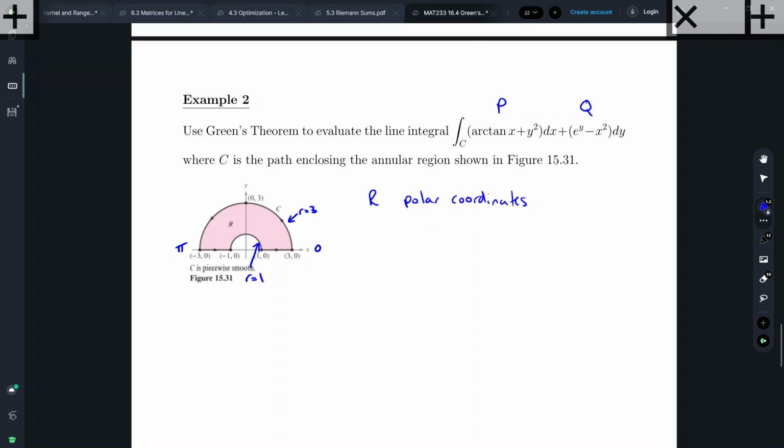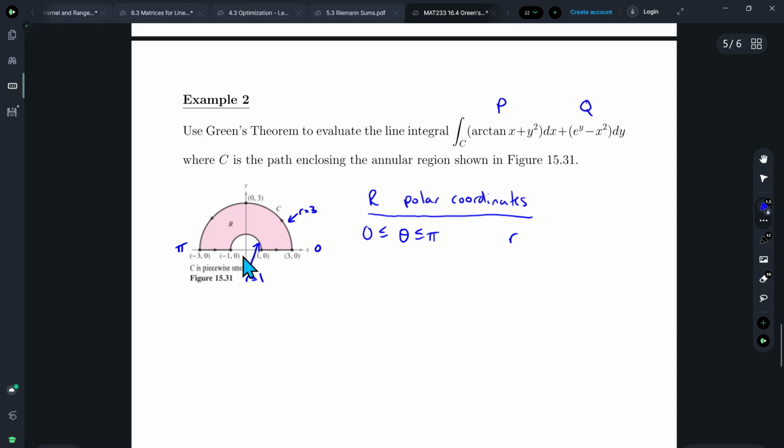Okay, so how do we set this up in polar coordinates? We have theta and we have r. In terms of the angle, we start here at the positive x-axis, and we rotate around and end up here. So theta goes between 0 and pi.